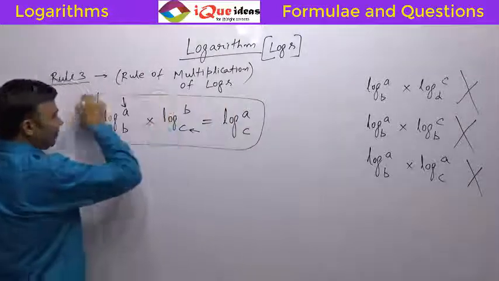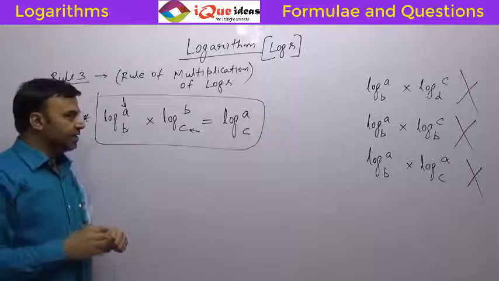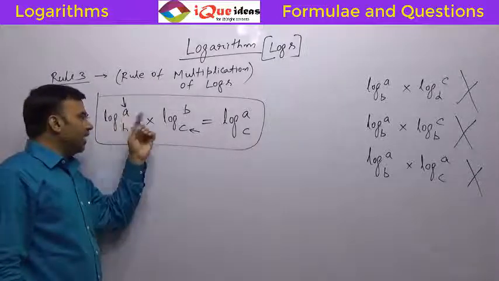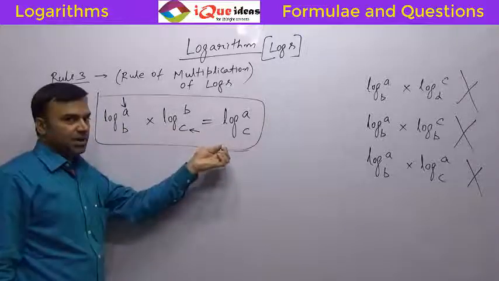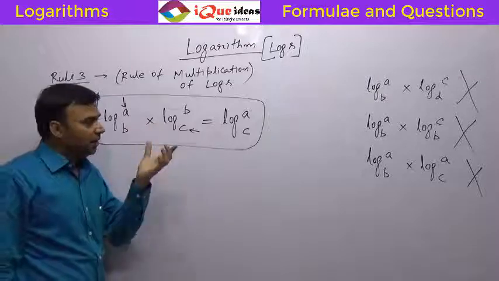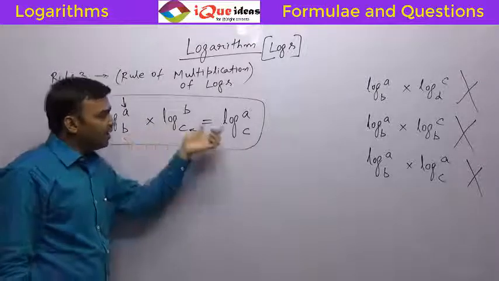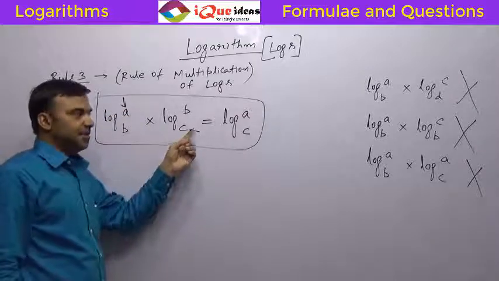This is one very beautiful rule. Logs multiplication is possible only in one case, where the number in one log is equal to the base in the other log. Then the common number is eliminated, and there will be only one log in the answer with the remaining number and the remaining base.